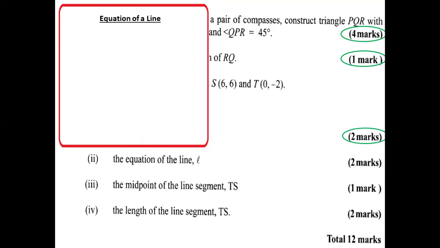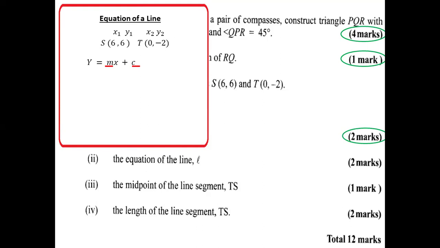Now, to find the equation of a line, the equation of a line is defined as y equal mx plus c. In writing the equation of a line, we only need 2 values really. We need the m and we need the c. Now, x and y are just regular coordinate points, right? On a line, there are many points.